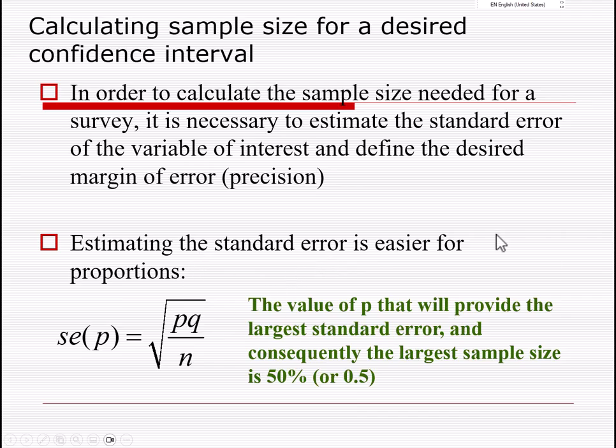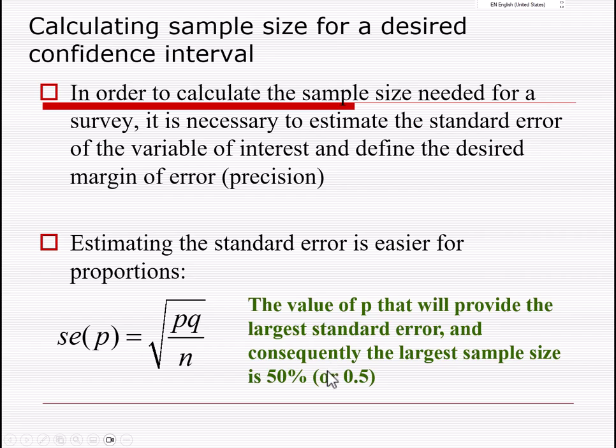So you need to think about that standard error to define the sample size. For proportions, the standard error is just the square root of PQ divided by N. And so it happens that the largest standard error, so the least precision, will be obtained when the proportion of yeses for a yes or no question is 0.5, so 50%.